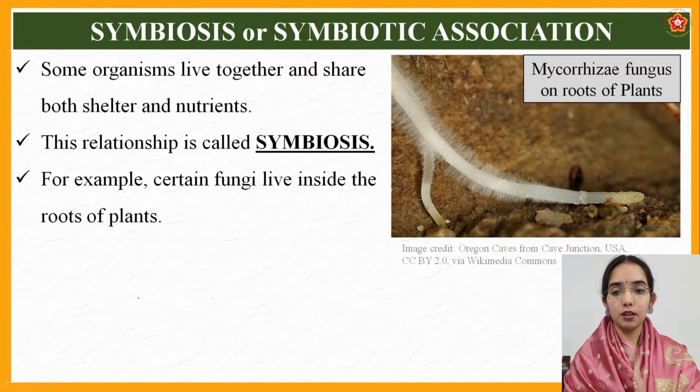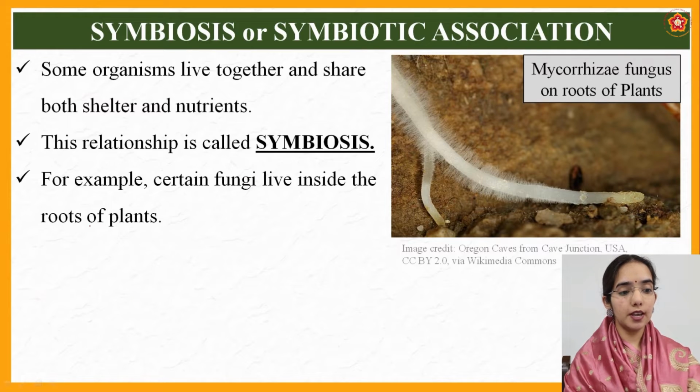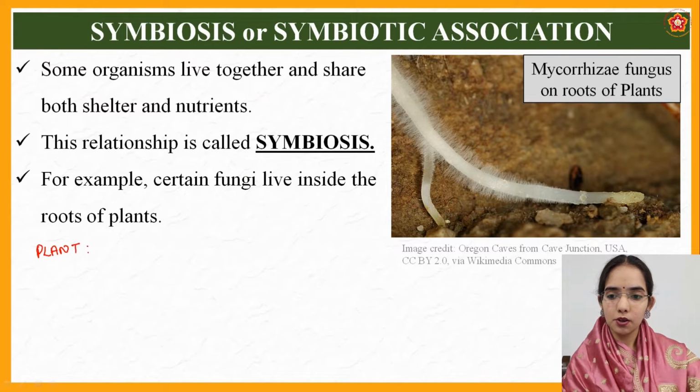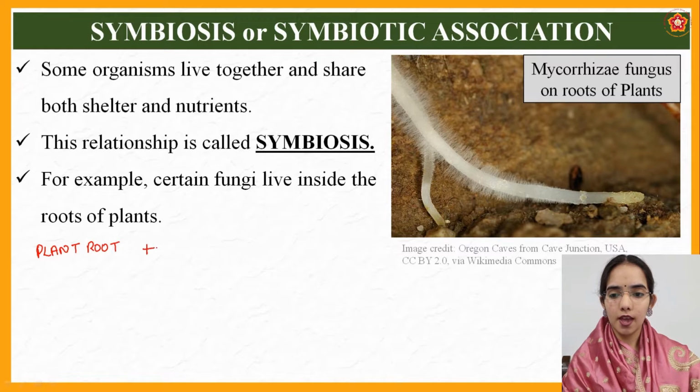So, for example, certain fungi live inside the roots of plants. In front of you is an image of mycorrhizae fungus on the roots of plants. So, what happens over here is we have a plant root, and then the other thing over here is a fungus.